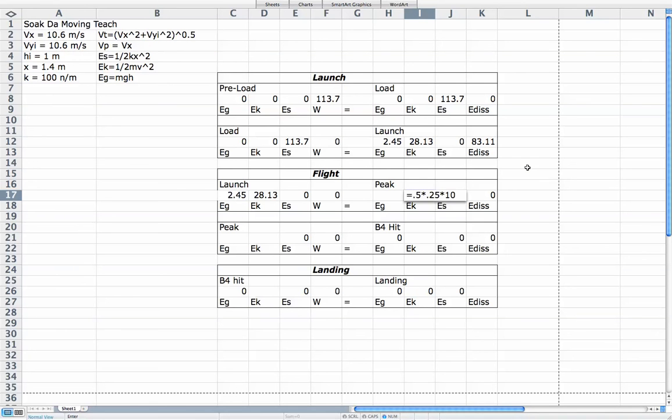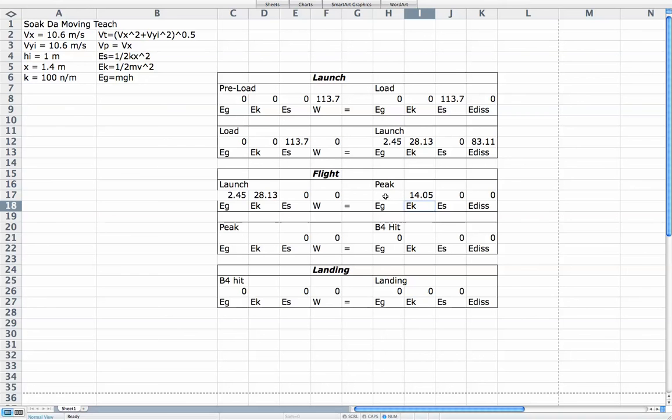So let me put in 10.6, and of course that's 1/2 mv squared. So let me square that puppy. So there's 14.05 joules stored in kinetic energy in the motion, which is not quite the half of what it was.